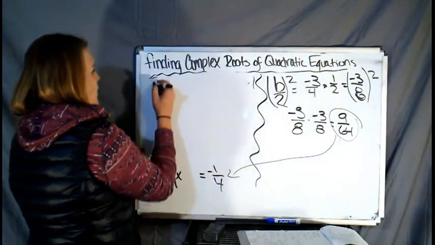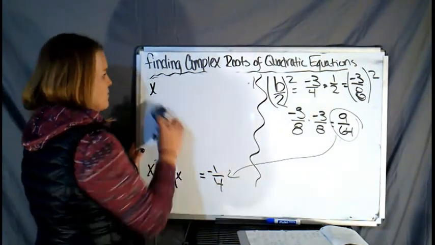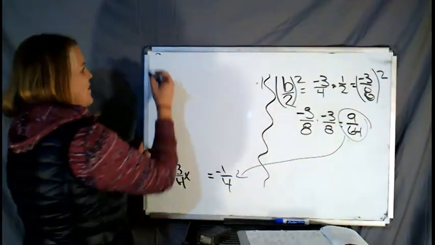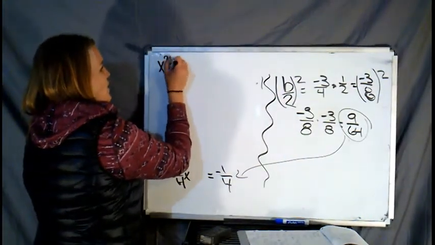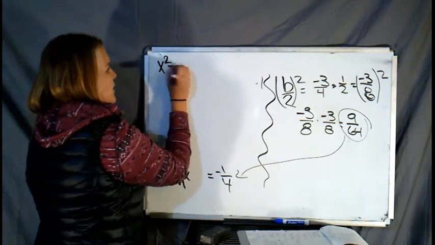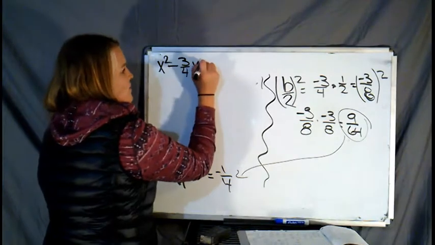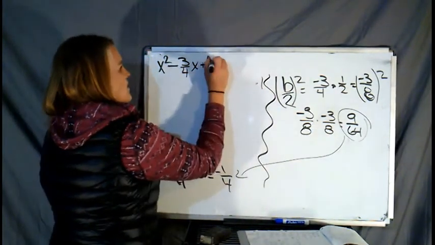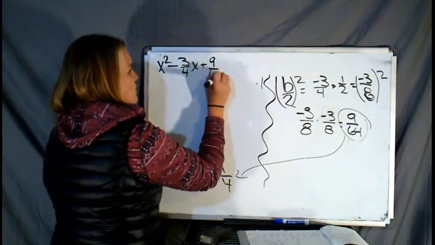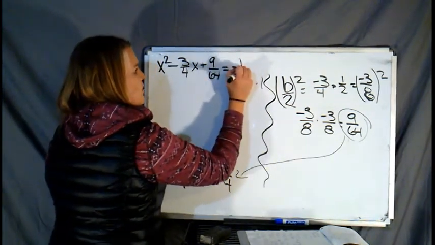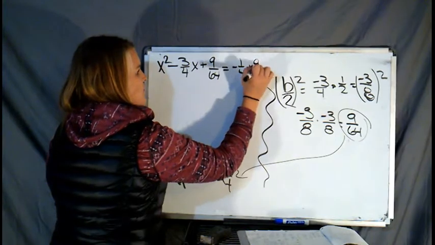When I do that, I'm going to have x squared minus 3 over 4x plus 9 over 64 is equal to negative 1/4 plus 9 over 64.